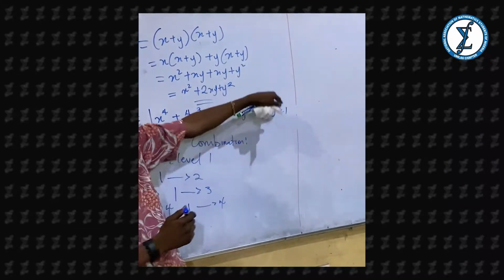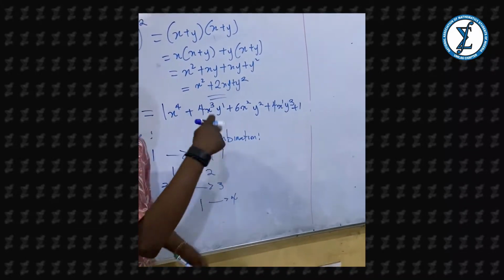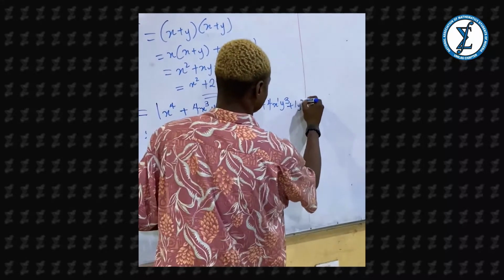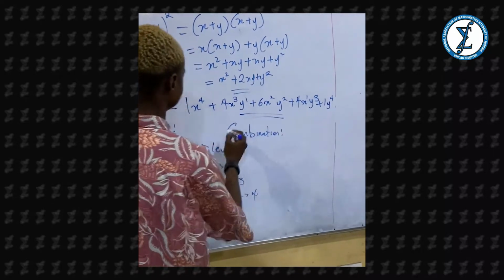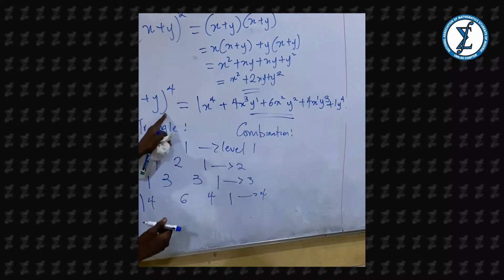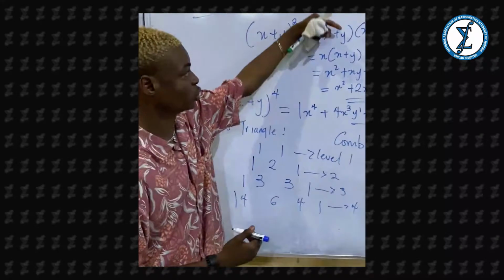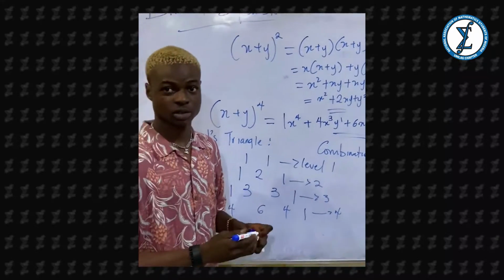If you reduce x, you have x raised to the power of 0, so x leaves, and you end up with y raised to the power of 4. So in just one line, you've gotten the expansion of x plus y raised to the power of 4 without going through this long process.